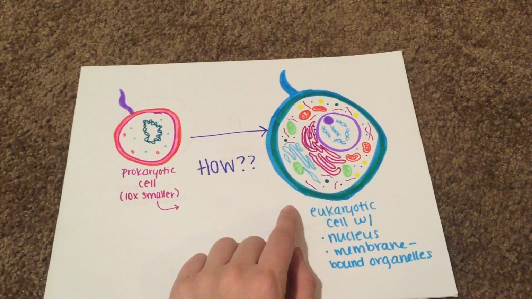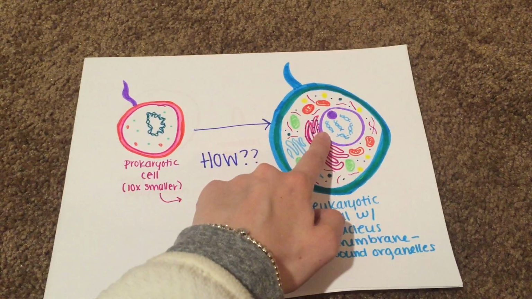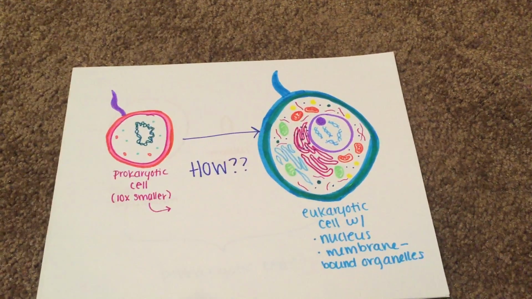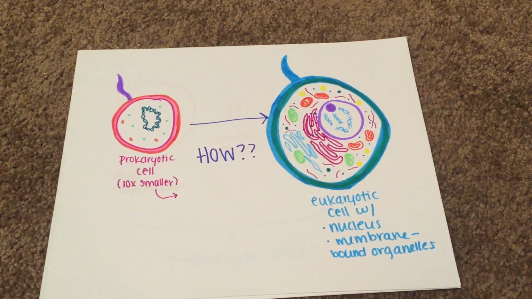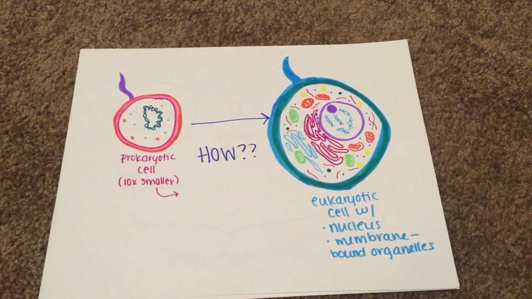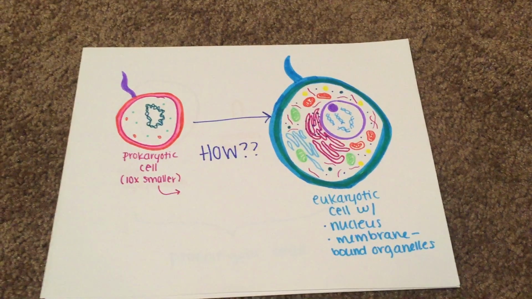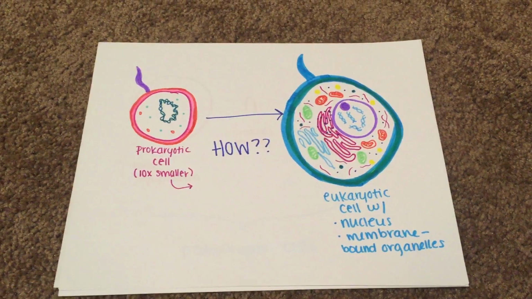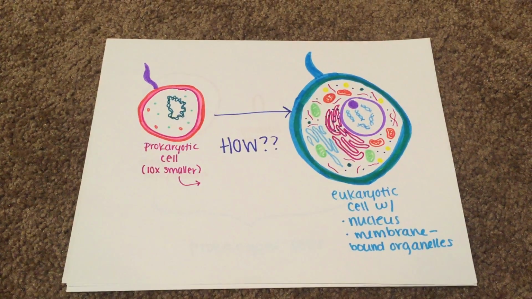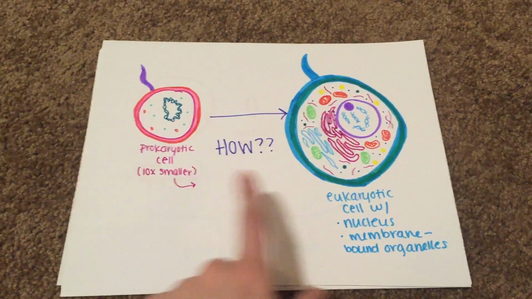But in this eukaryotic cell, you have the membrane-bound nucleus with the DNA inside, rough endoplasmic reticulum with ribosomes, smooth endoplasmic reticulum, Golgi apparatus, chloroplasts, mitochondria, maybe proteasomes, peroxisomes, lysosomes, just many different membrane-bound organelles. So endosymbiotic theory basically is just trying to describe how we went from here to here.